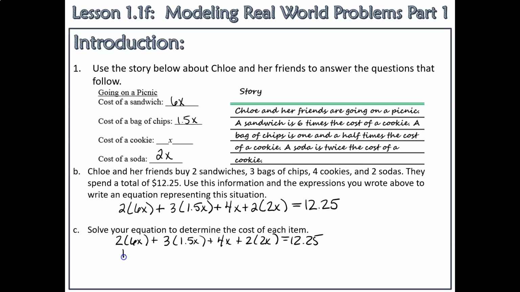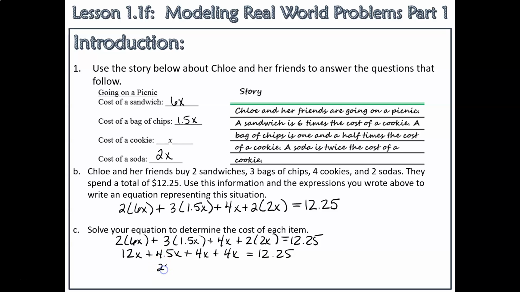So 2 times 6X is 12X. 3 times 1.5X is 4.5X. Then we have our 4X. And then we have 2 times 2X, which is 4X.